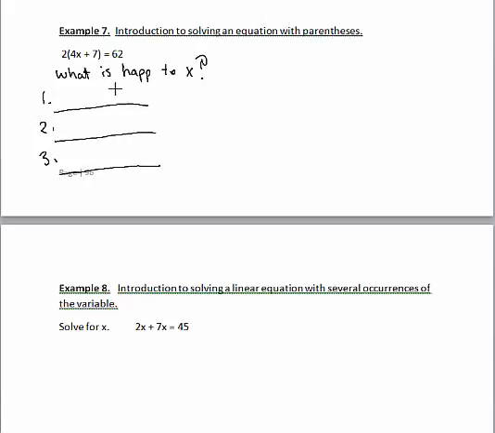Alright, so if we didn't have this equals 62, and we were focused on what is happening to the x, well, according to the order of operations, PEMDAS, we would carry out the operations inside the parentheses first, P. Inside the parentheses, we have x times 4 and then add 7.